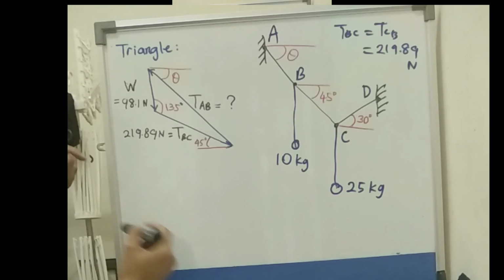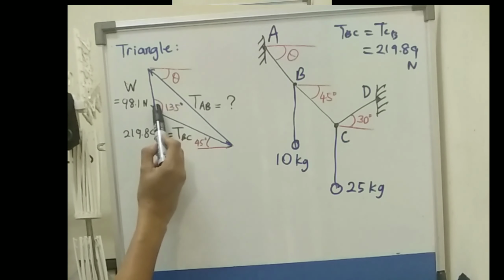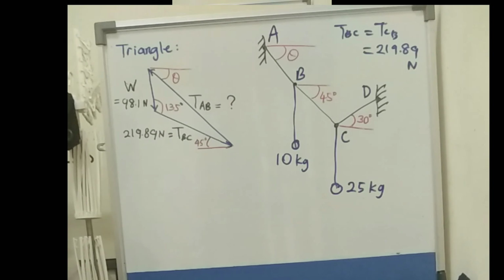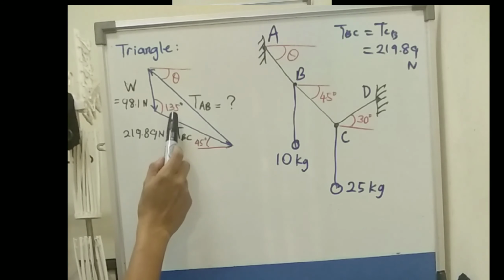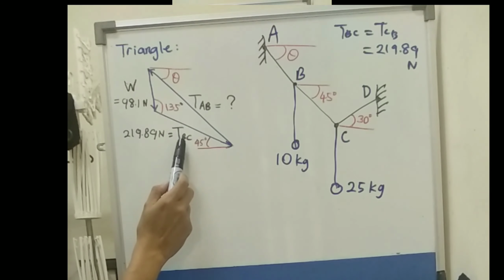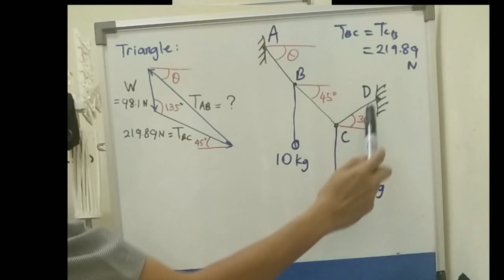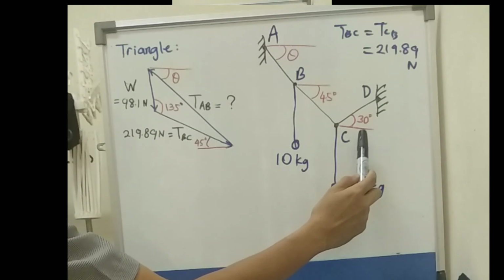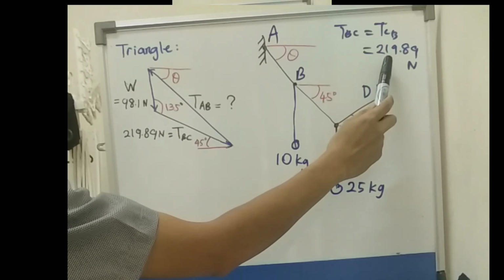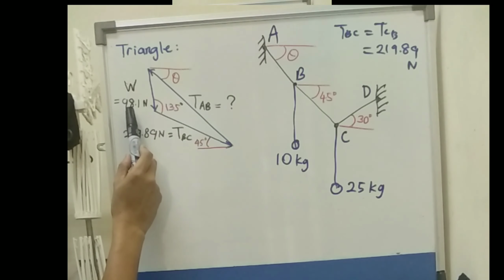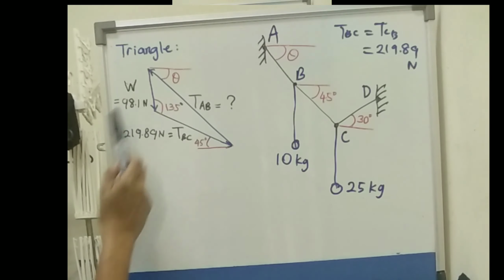So this is 45, vertical 45, and then you know this is another 90 degrees, so a total of 135 degrees in that angle from the vertical vector force W. Since we have one angle and we have the value for TBC already calculated, TBC is equal to TCB that we calculated from the first FBD from point C, 19.89 Newton. So we have TBC, and then the magnitude for W, which is 98.1 Newton.